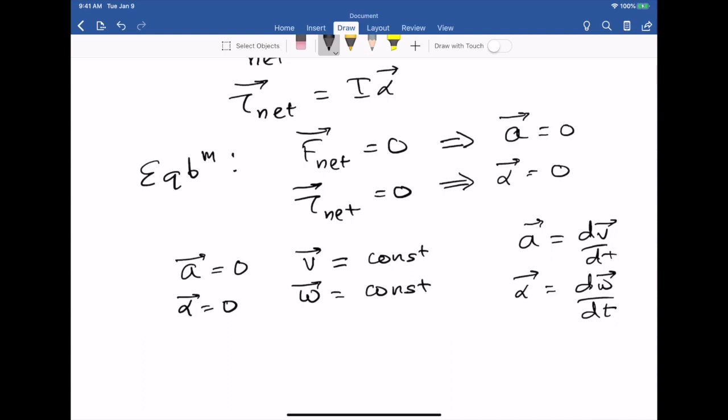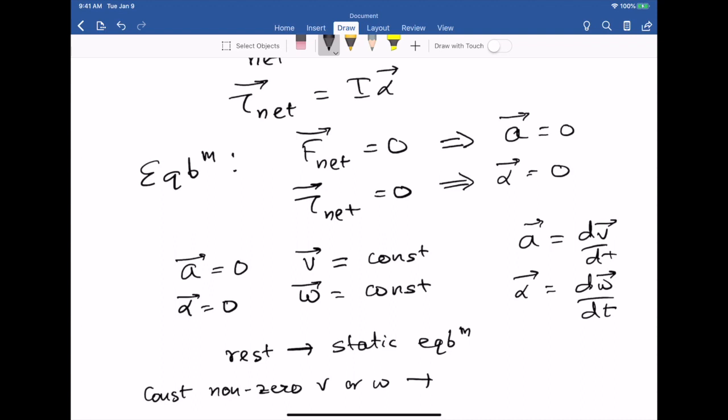If the object is at rest, then we call that static equilibrium. This is just terminology. And if the object is moving with a constant velocity or rotating with a constant angular velocity, constant non-zero v or omega, or both, in both cases a would be 0 and alpha would be 0.